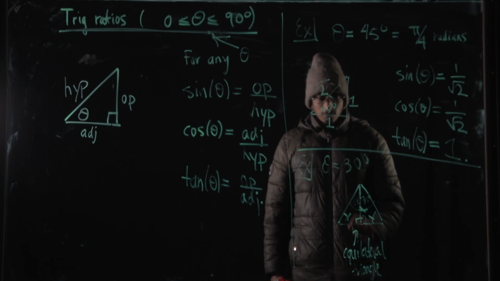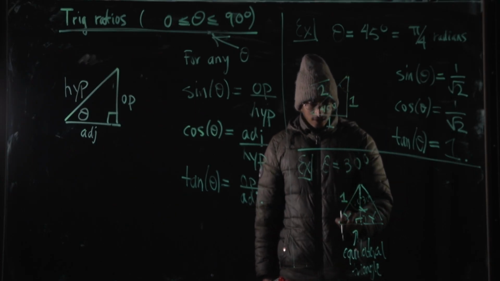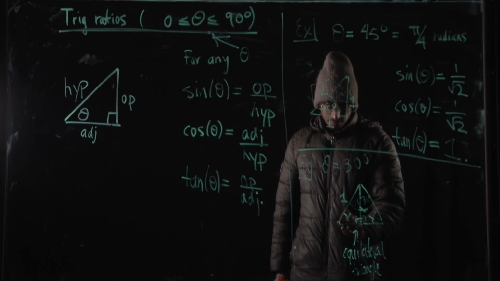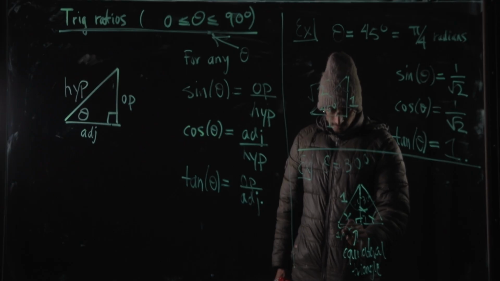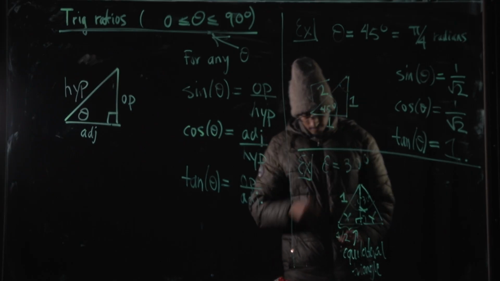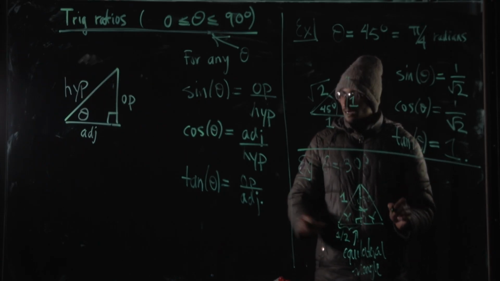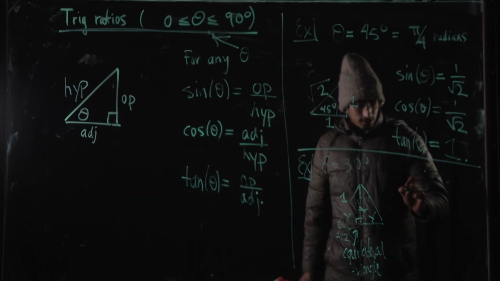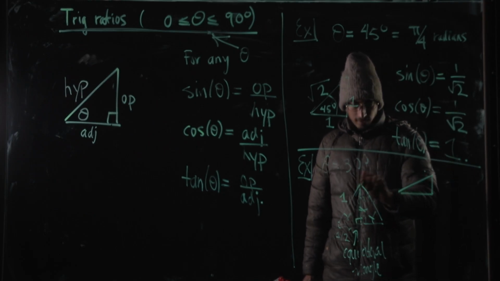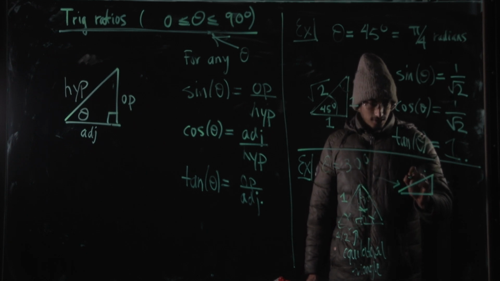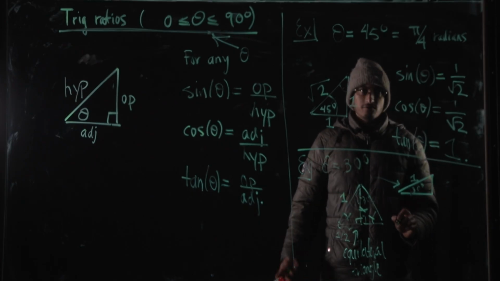Okay, so I'm going to let one of the side lengths be 1. That'll make this side length over here 1/2. I'm going to redraw this triangle in this format here. Here I got this. So this side length is 1. This one is 30 degrees, otherwise known as pi over 6.